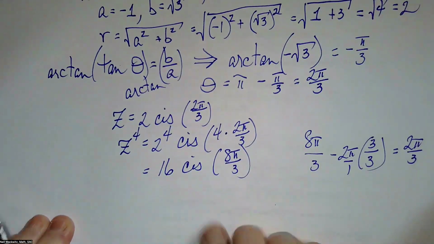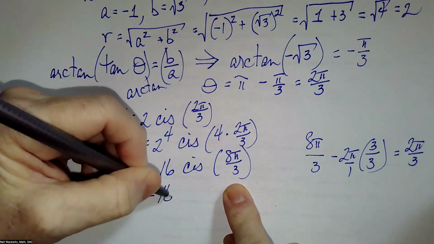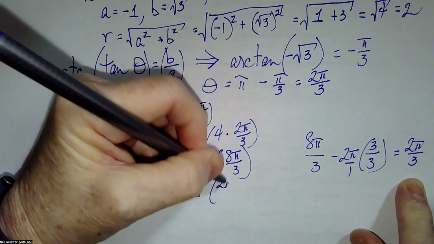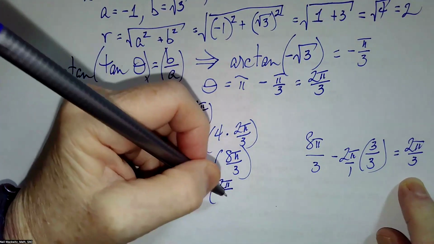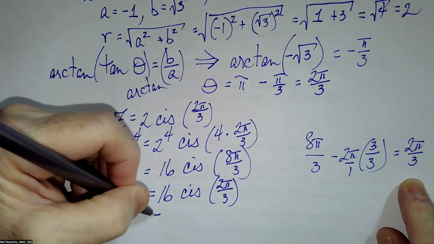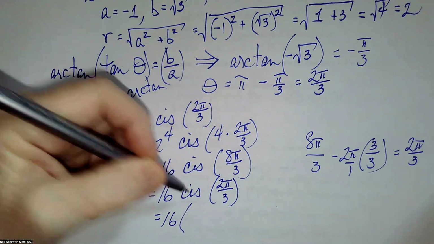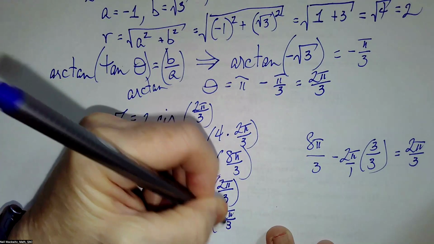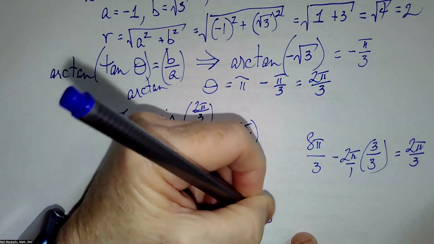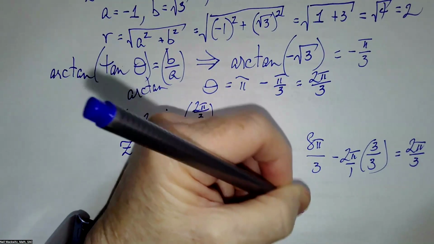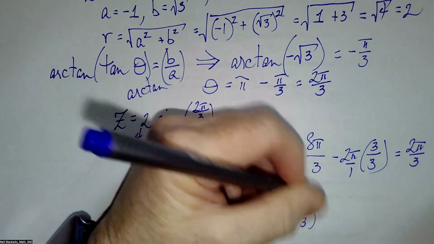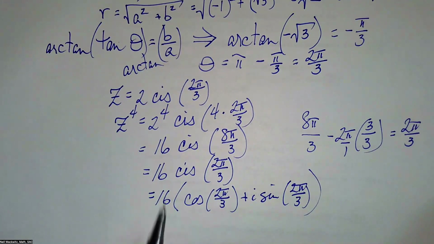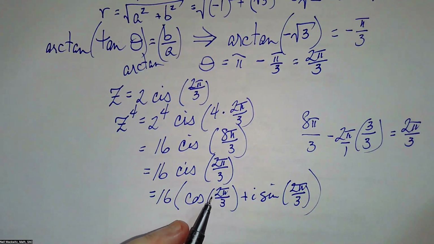That's interesting. So we've got 16 times the cosine plus I sine of 2 pi over 3. Again, I know I'm in quadrant 2 because 2 pi over 3 is in quadrant 2.